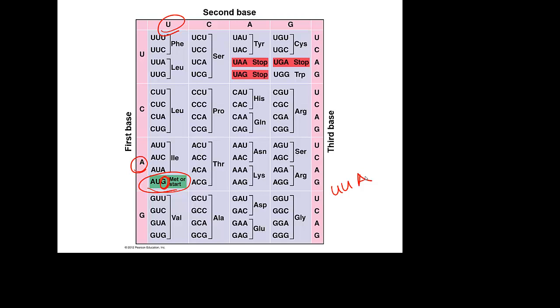What amino acid do I code if my codon is UUA? I code for the amino acid LEU or leucine.